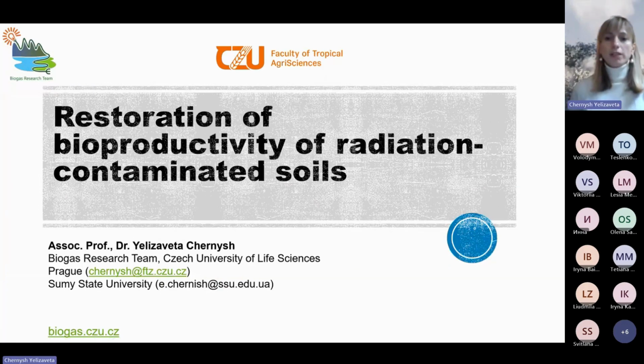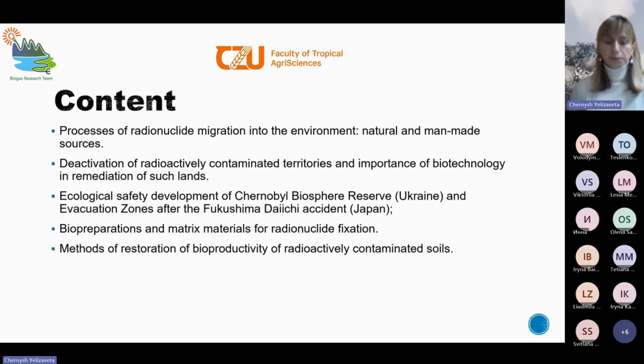Restoration of bioproductivity of radiation-contaminated soil. Also, it's connected with different types of contamination. We discussed today the processes of radionuclide migration into the environment, natural processes and human-made sources. Some types of deactivated or radioactively contaminated territories, applying different biological methods.